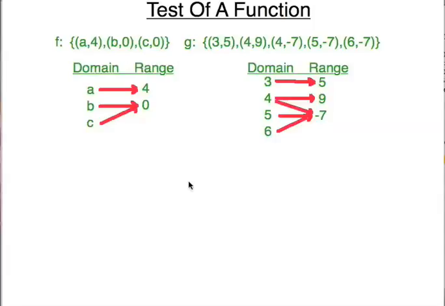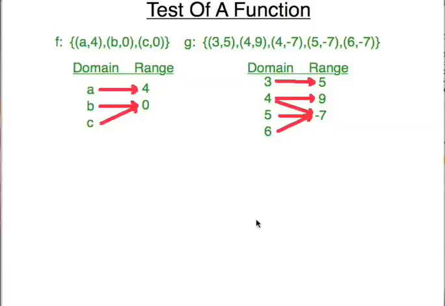If they have more than one partner, it's not a function. It's okay for a member of the range, the women here, to be paired up with more than one from the domain, the men. But the men have to have only one partner from the range.